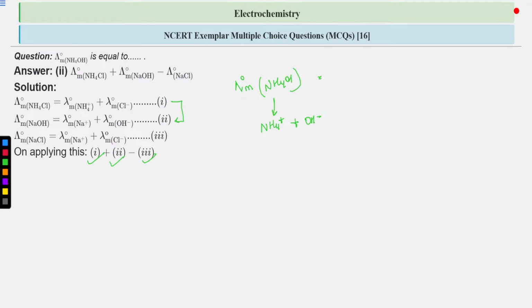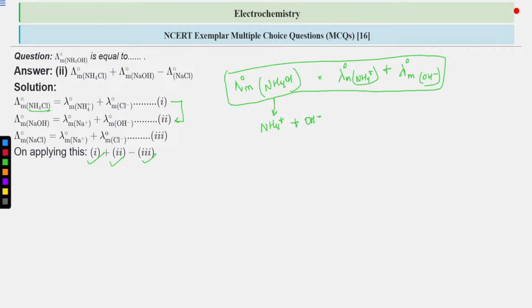So lambda naught m of NH4OH will be lambda naught m of NH4 positive plus lambda naught m of OH negative. You have to conclude at this equation finally after all the addition or subtraction of the first, second and third equations. We have NH4Cl and NaOH, so we want the OH and the NH4 terms in the addition. NH4 will add with OH if you add the first and the second equation, right?